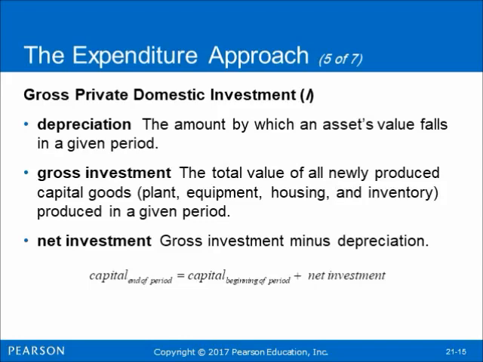Depreciation. Depreciation is the amount by which an asset's value falls in a given period. Gross investment. Gross investment is the total value of all newly produced capital goods, including things like plant, equipment, housing, and inventory, produced in a given period.